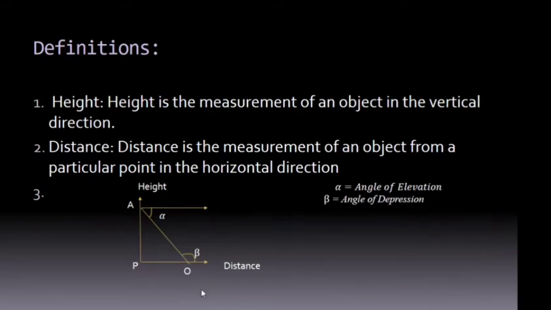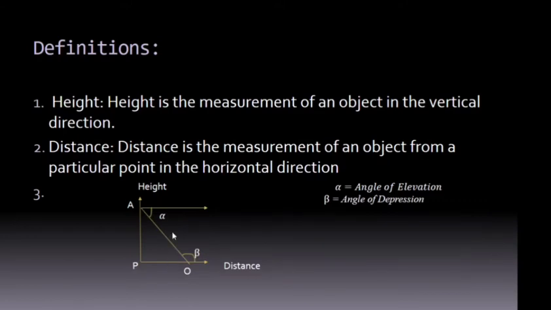Okay, so if the observer is looking at the point A, then the line AO becomes the line of sight. Now when I draw this line of sight, for this particular observer, AP becomes the height of the object, PO becomes the distance, the length PO is the distance of the observer from the object.